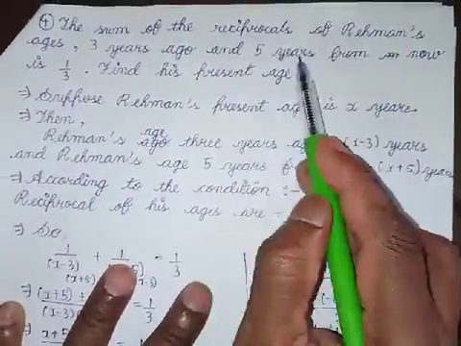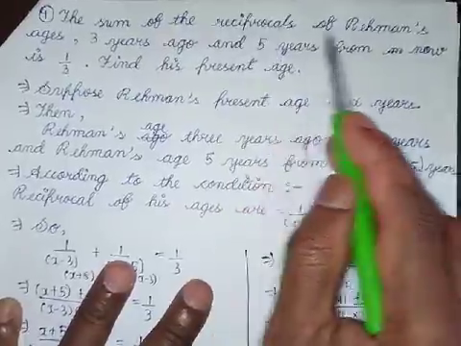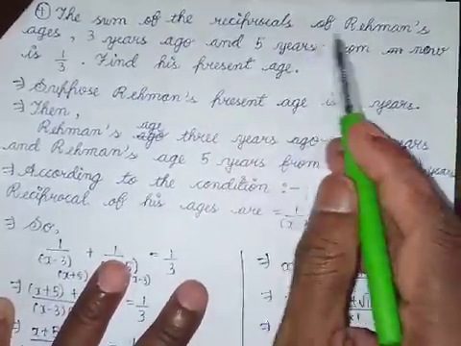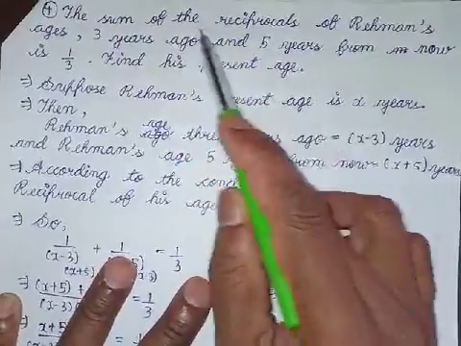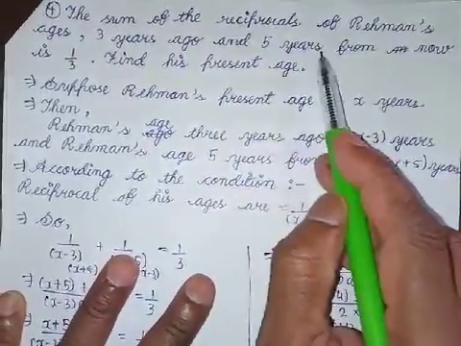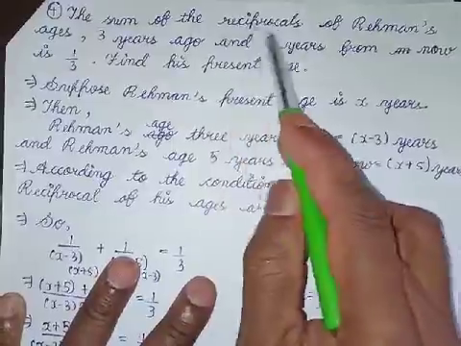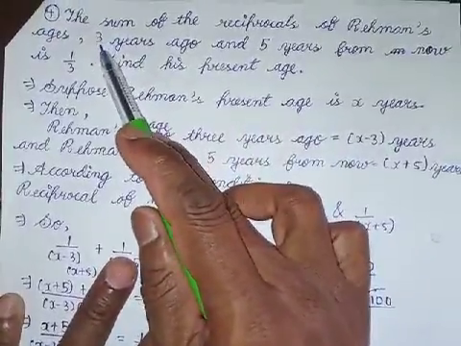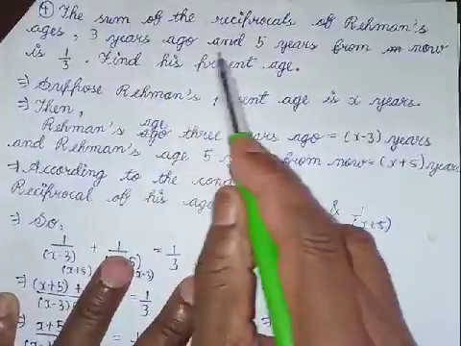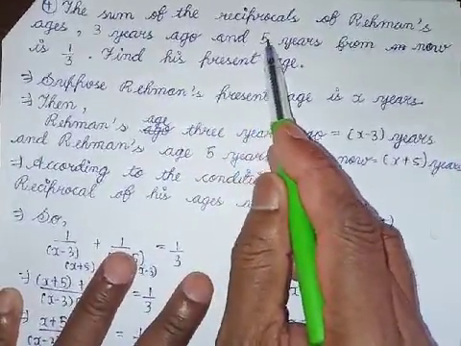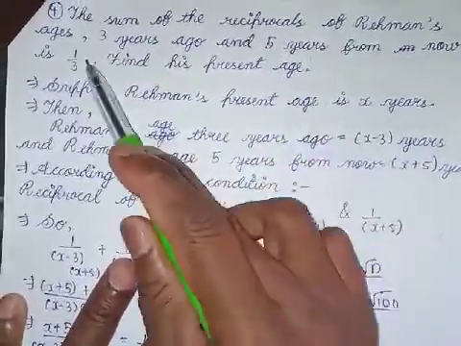The sum of the reciprocals of these two ages. So first 1 upon x minus 3, second 1 upon x plus 5. Sum means plus, so 1 upon x minus 3 plus 1 upon x plus 5 is equal to 1 by 3.